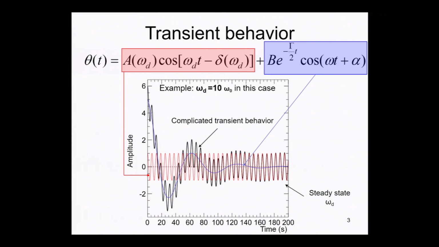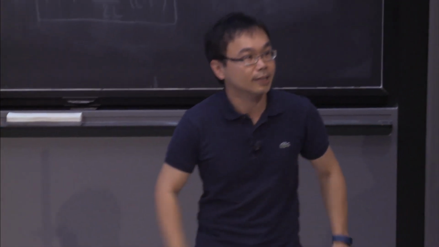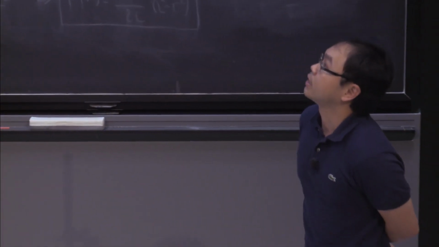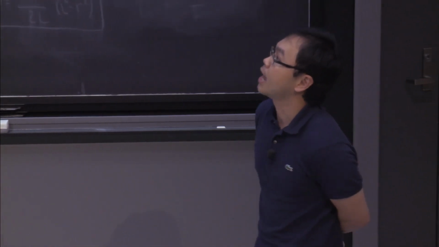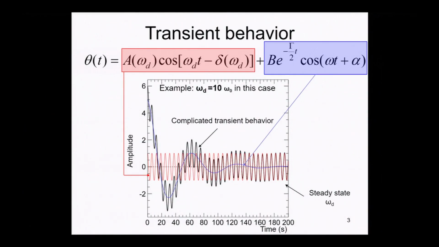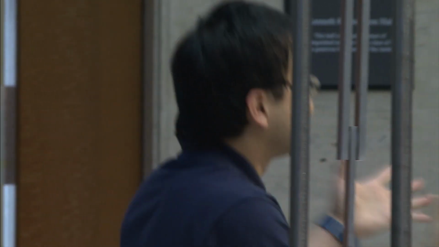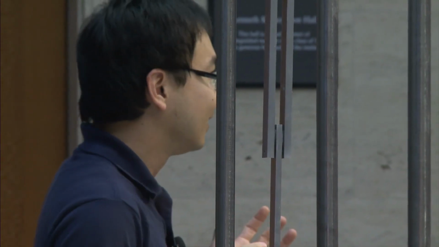You can see the individual components also shown in this slide. The red thing oscillating up and down harmonically is the steady-state solution contribution. And also you have the blue curve, which is decaying away as a function of time. If you add these two curves together, you get something rather complicated.